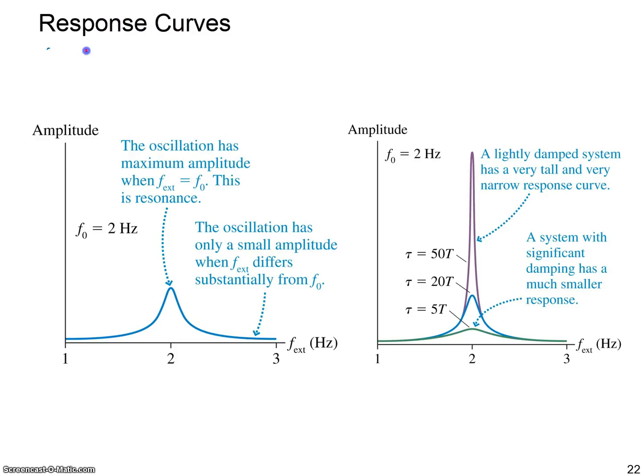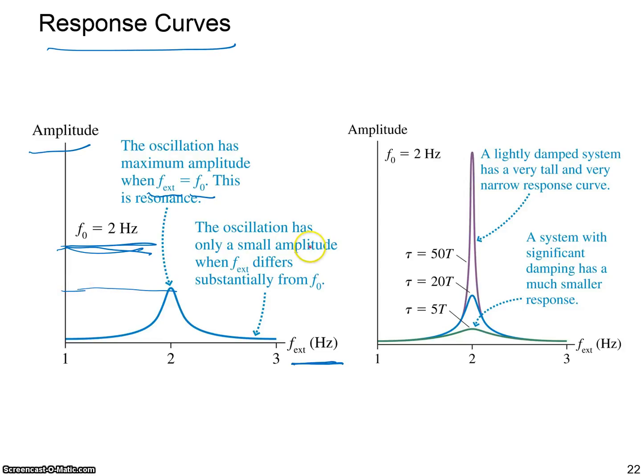Let's now look at the response curves of amplitude versus frequency, not time, but frequency. What they show us here is we have a system, and the maximum amplitude is when the driving or external frequency equals the natural frequency. So they're showing we have a system with a natural frequency at 2 Hertz, and if the driving frequency equals 2 Hertz, we get our maximum amplitude right there.